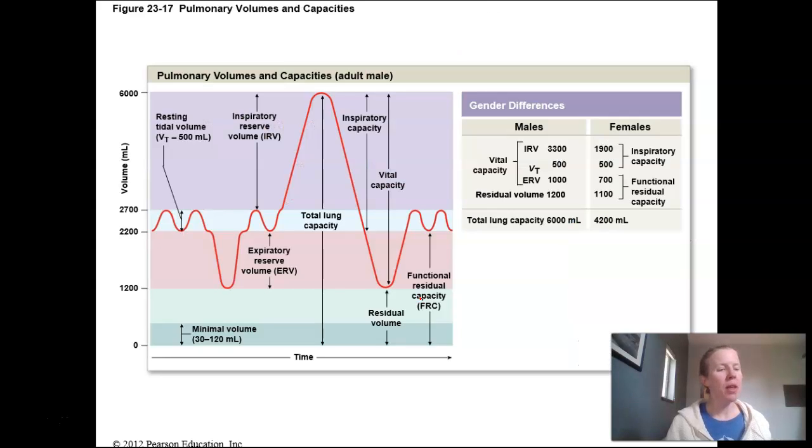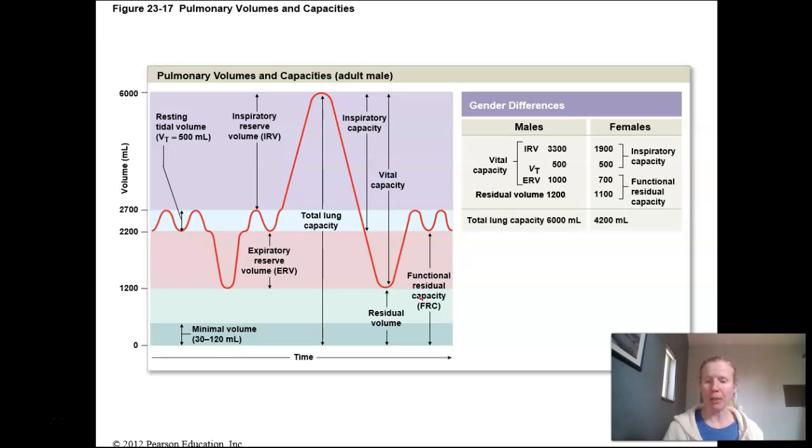Okay, so then we have a bunch of different values here. This readout is the result of something called spirometry. So you use a spirometer. You're basically breathing in a tube, right? And the machine is going to chart the changes in pressure, just like we were talking about, or in this case, the volumes of air that you're actually moving.